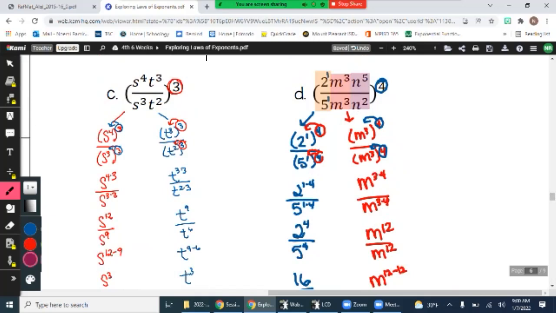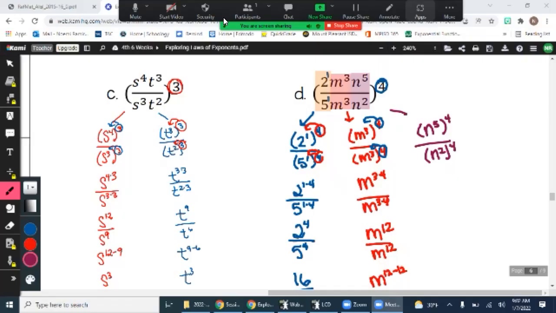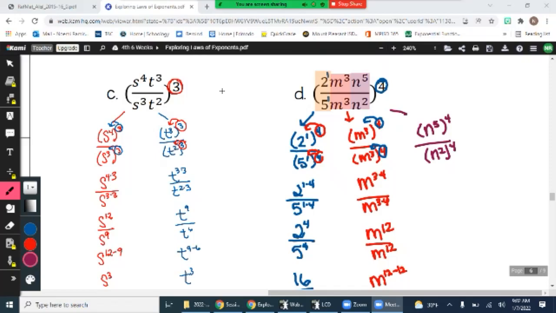Last section, we have our n's. So inside of the parentheses, n to the power of 5 to the power of 4. At the bottom, n squared to the power of 4. Anytime you have a base with 2 exponents, you multiply.